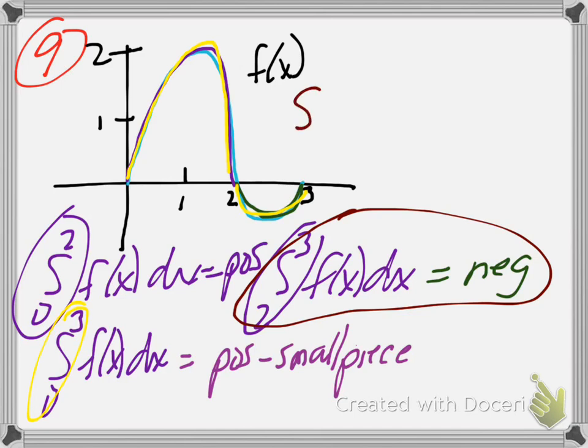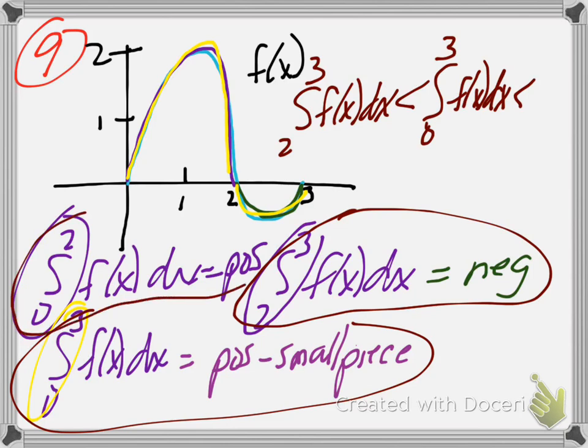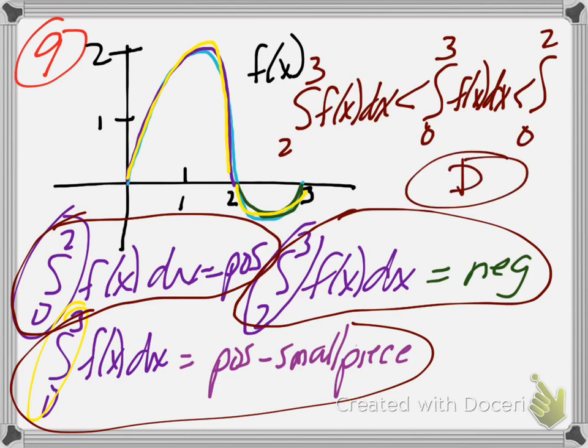So the first one is going to be from 2 to 3. That has to be less than this one, going from 0 to 3. I'm going to run out of room, so I'm going to write real tiny. Which would then have to be less than this one because this is the biggest one, from 0 to 2. And so the answer for that was choice D.